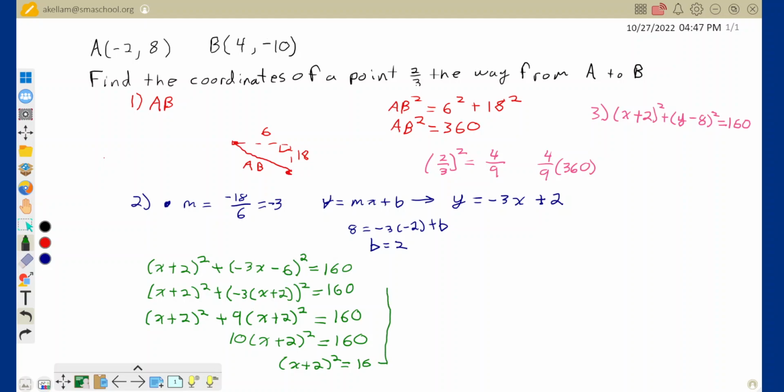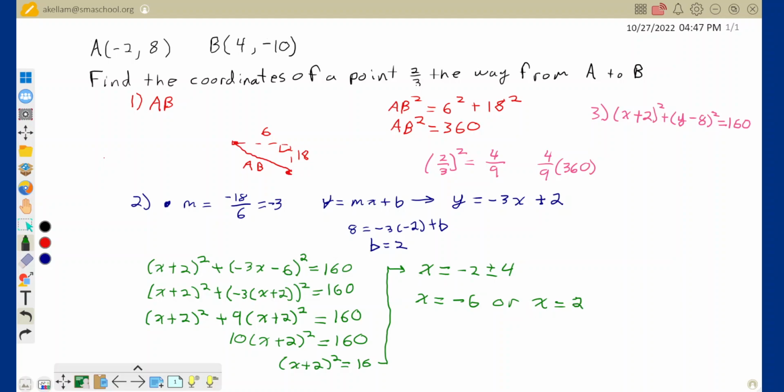But if we go ahead and take that square root and subtract 2 from both sides of the equation, we have x equals -2 plus or minus 4, which translates into x is either equal to -6 or x is equal to +2.